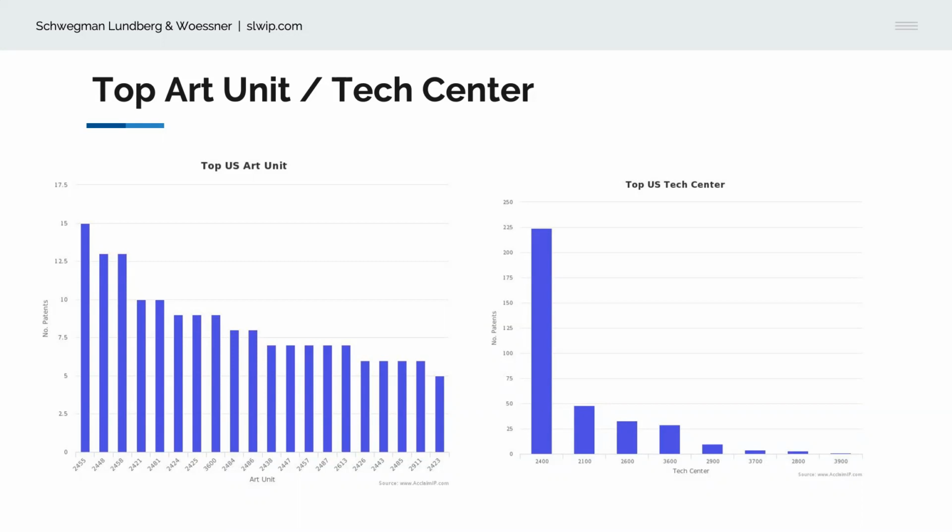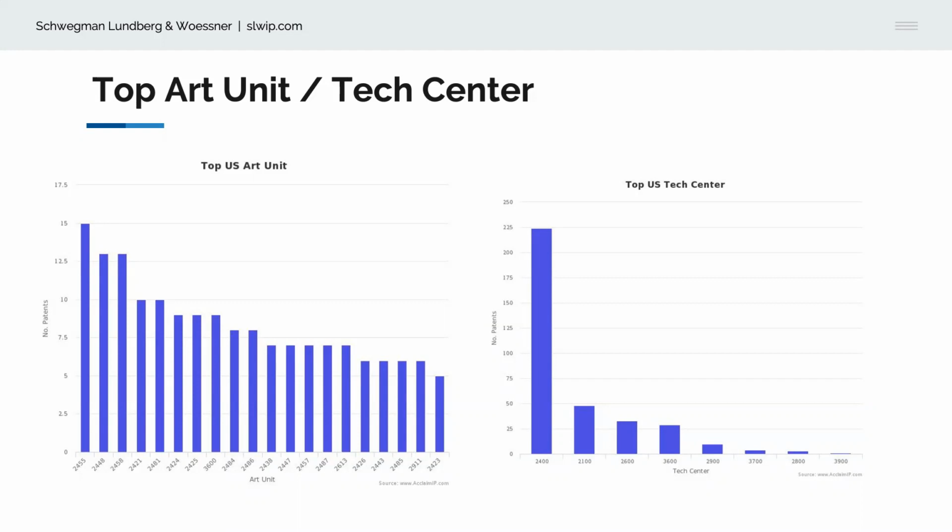I think the art unit and tech center information, particularly the art unit information, has become a lot more interesting to clients, particularly since 101 became much more of a force to be reckoned with during prosecution. The 101 rejection rate varies substantially based on art unit.